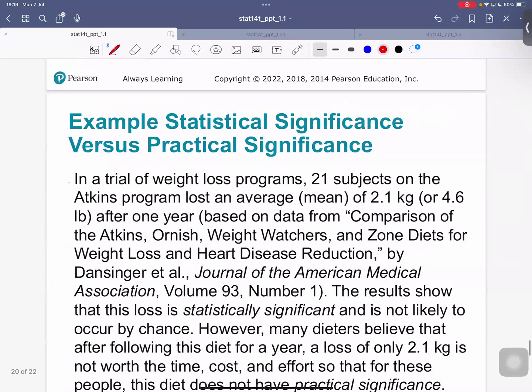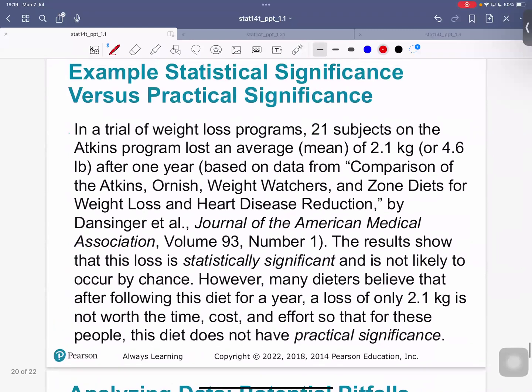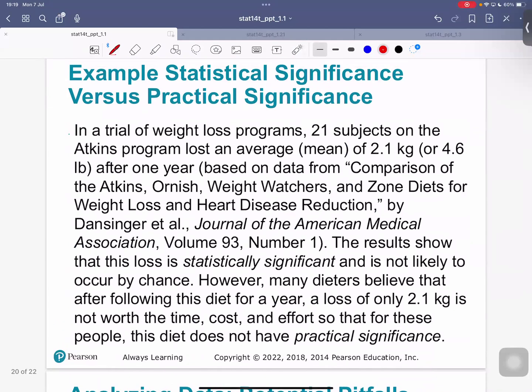Now, let's consider this specific example about statistical significance versus practical significance. In a trial of weight loss programs, 21 subjects on the Atkins program lost an average of 2.1 kilograms or 4.6 pounds after 1 year, based on the data from that journal paper.